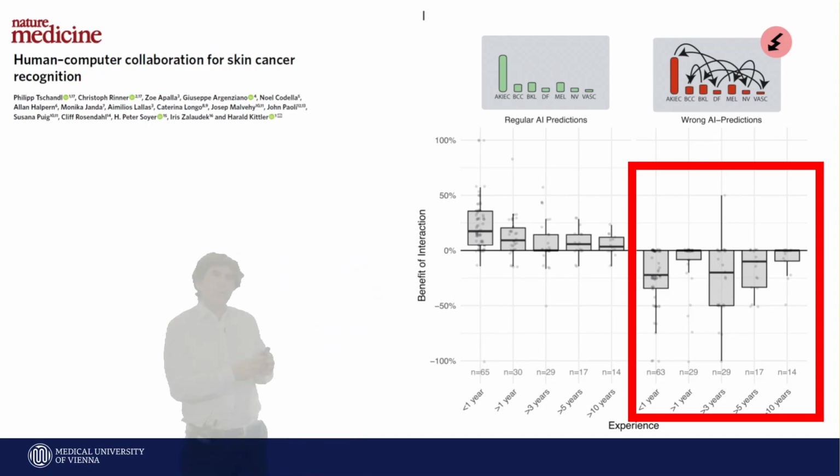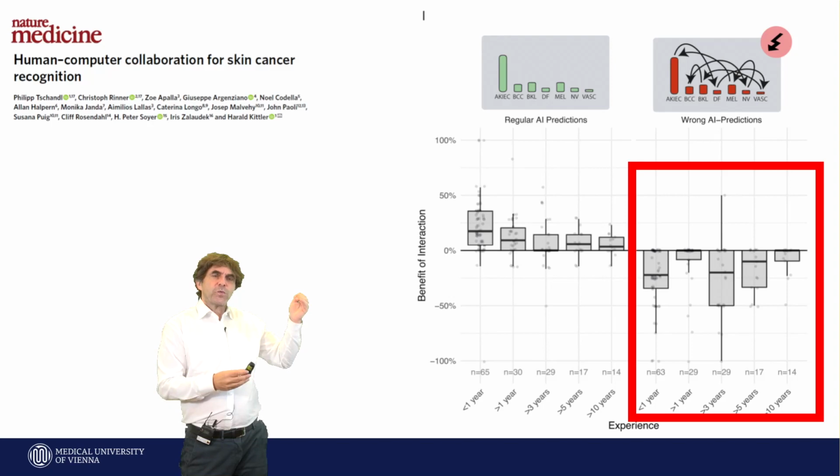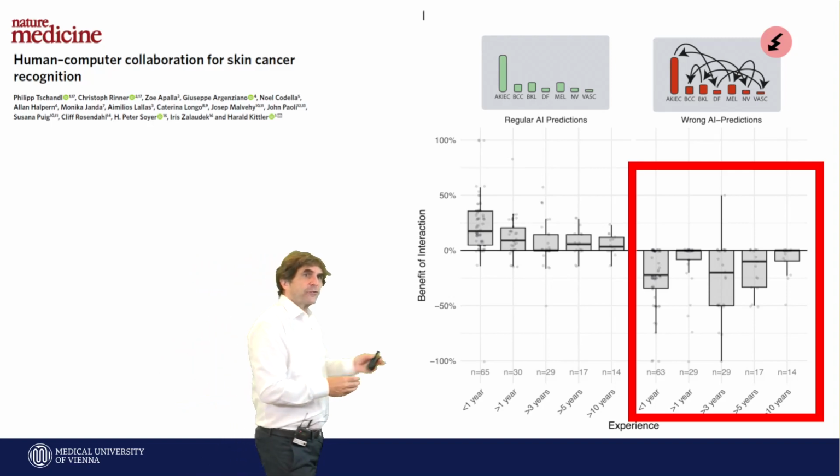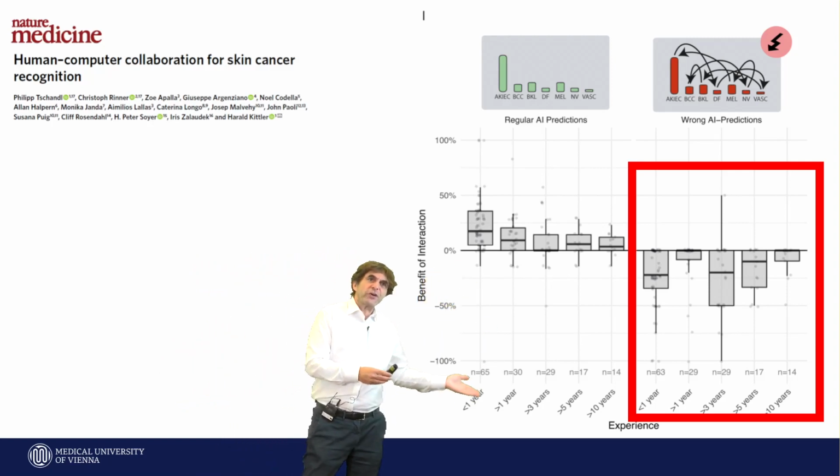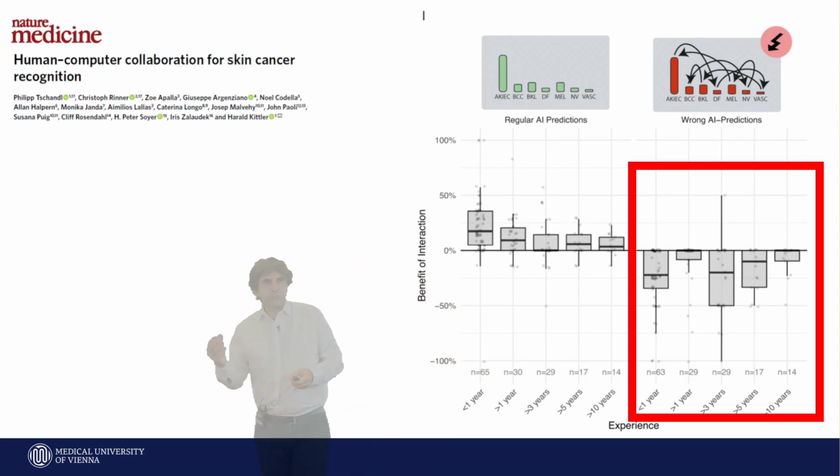So, if you benefit from AI, you need to trust AI. But if you trust AI, you're also susceptible to perform below your expected performance if the AI system is wrong.